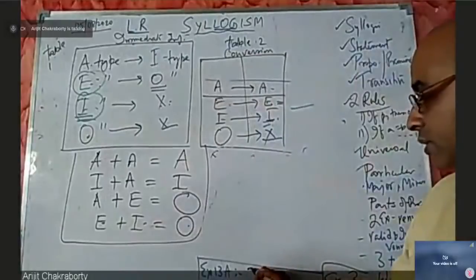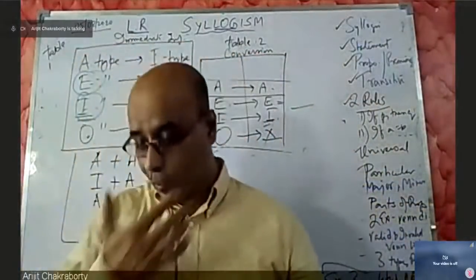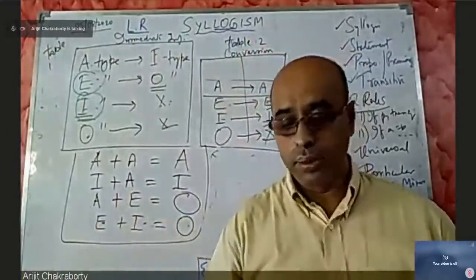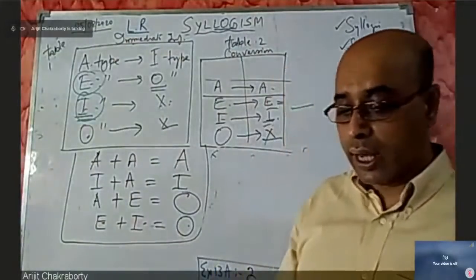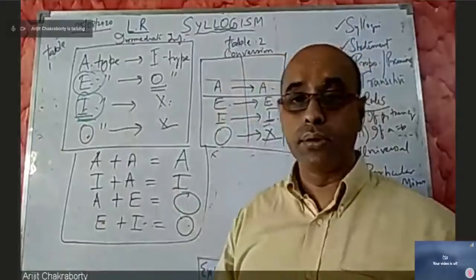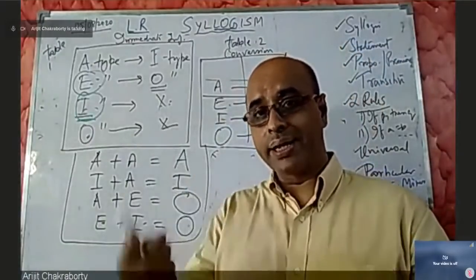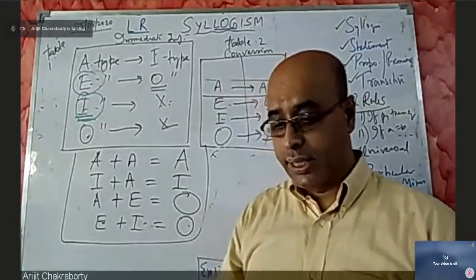Question number 2, exercise 13A. No man is a lion. Ram is a man. No man is a lion is what type? It is an E type. It is negative but universal. So it is E type.